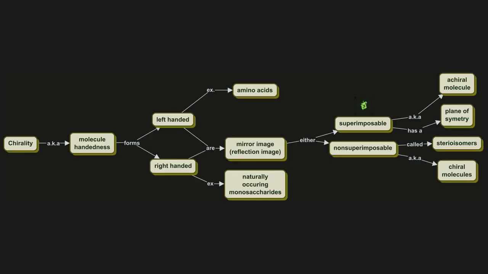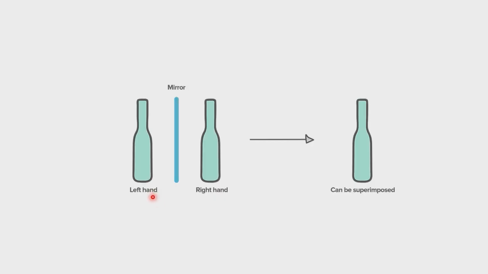However, even though some of these molecular structures possess a mirror image relationship with each other, they can be non-superimposable or superimposable. Look at the two bottles here and the mirror at the center. This left-hand bottle is actually mirrored by the right-hand bottle.